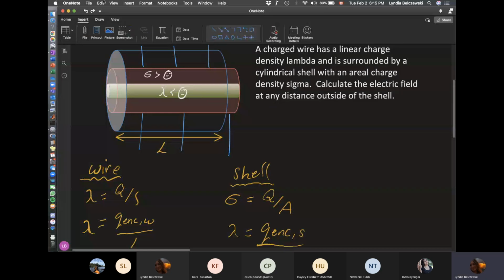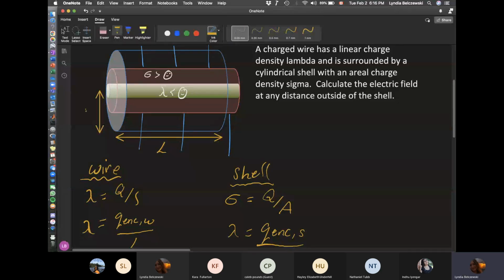I'm going to add this second measurement of our cylinder here, and this is the little r. Okay, that looks like a V. All right.